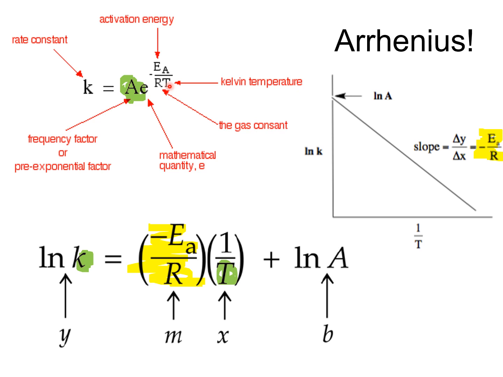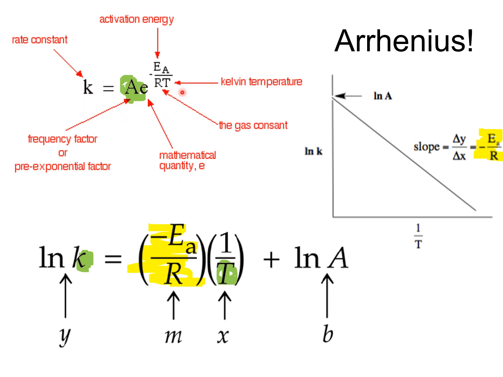So if you increase the temperature, this fraction in the exponent, because the temperature is at the denominator, is going to be a smaller number. So E elevated to a smaller negative number is going to be bigger. So K is going to be bigger.